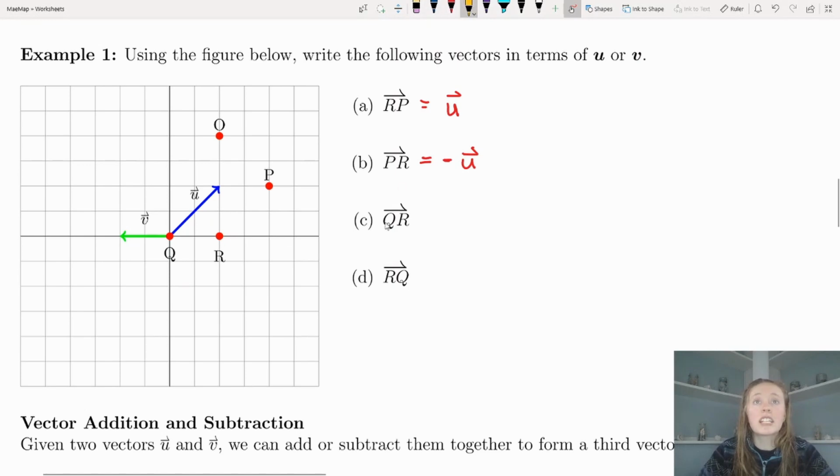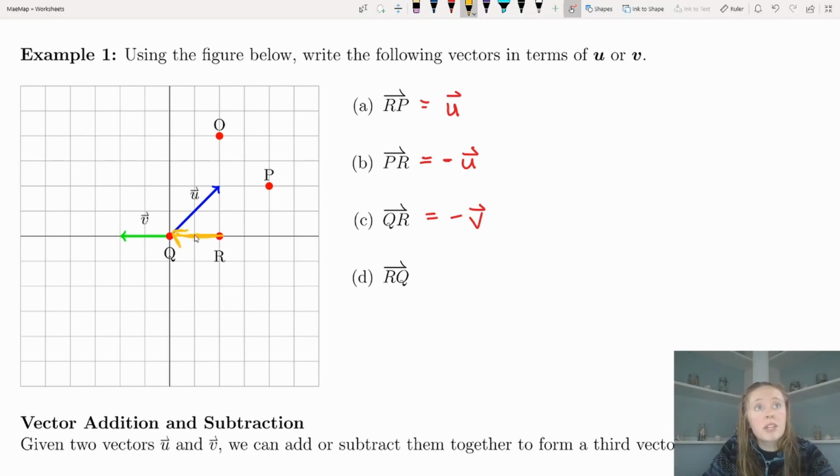Now let's look at our next vector, QR. Q to R, you can see that that's similar to vector v, except we're going in the opposite direction. So this is the opposite of vector v, whereas R to Q is going in that same direction as v.